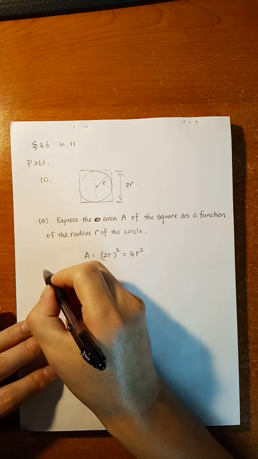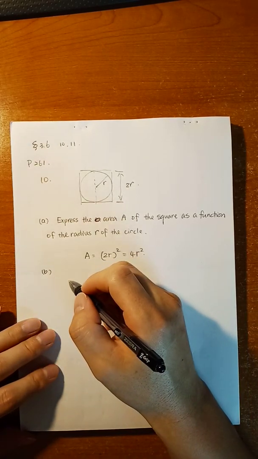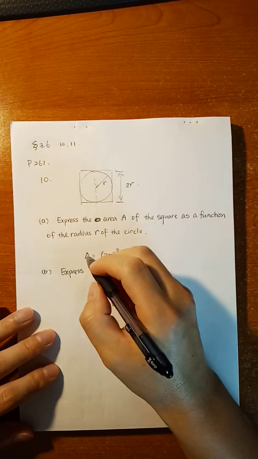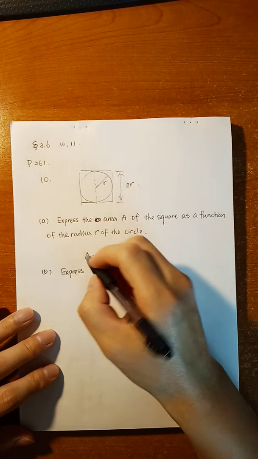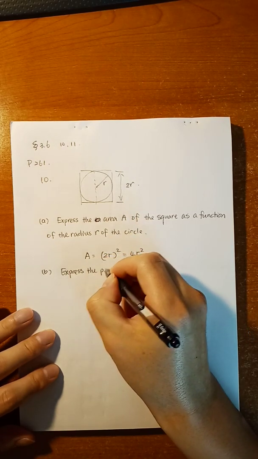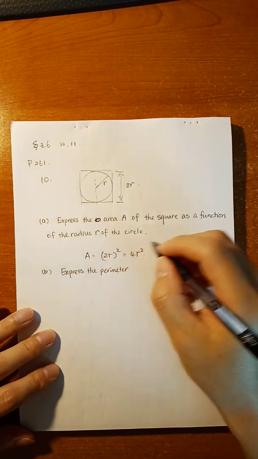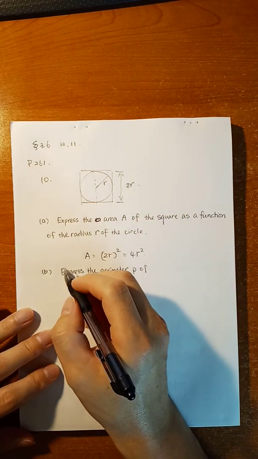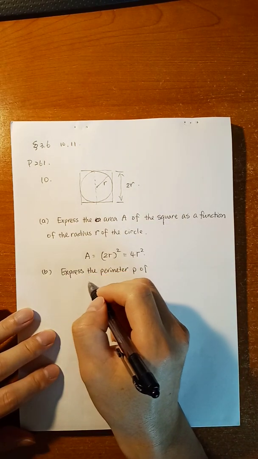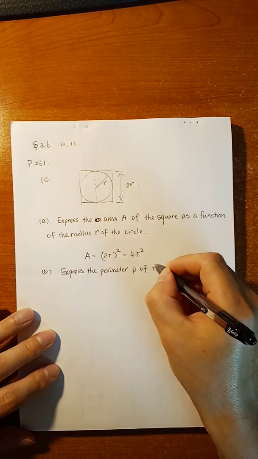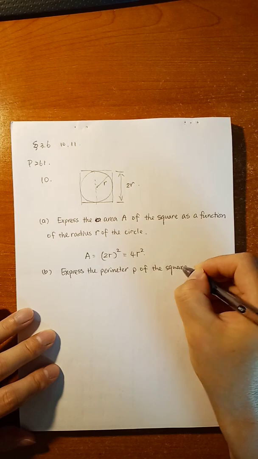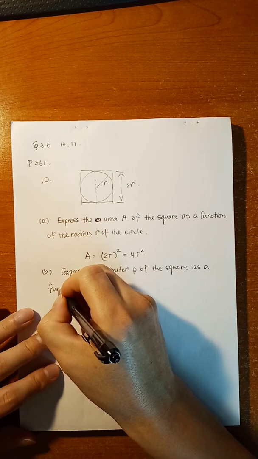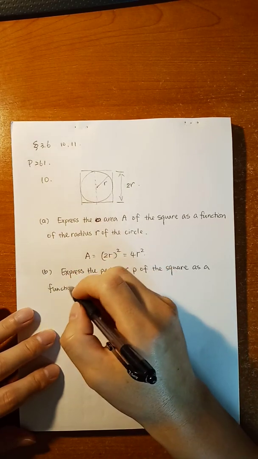Okay, so that's part A. Part B, express the perimeter P of the square as a function of r.